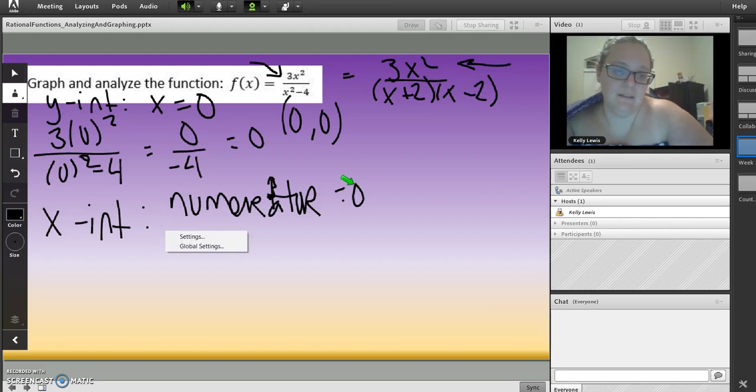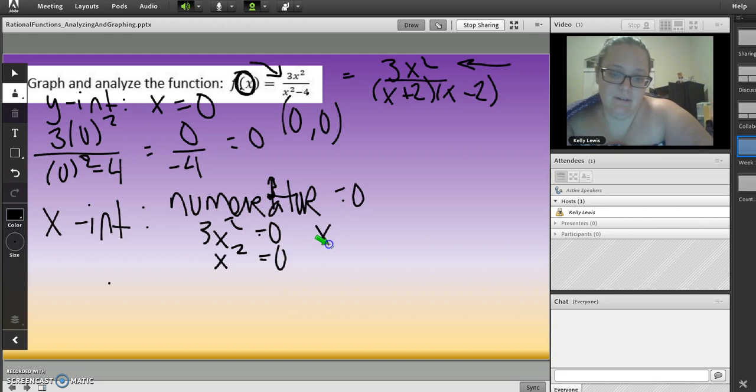The reason is that we set the fraction equal to 0; if we multiply the bottom by 0, we get 0, so we still get 0 equals the numerator. So 3x squared equals 0. I divide by 3 on both sides, so x squared equals 0. When I take the square root of 0, I get 0. So my x-intercept is also (0, 0).